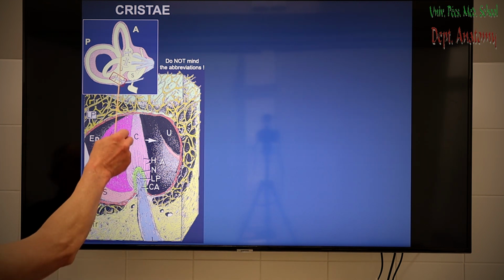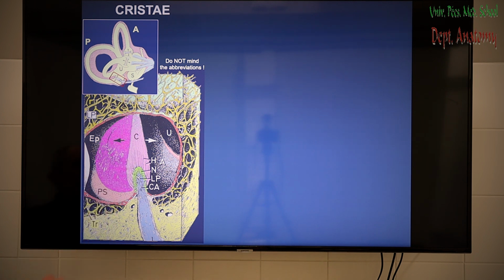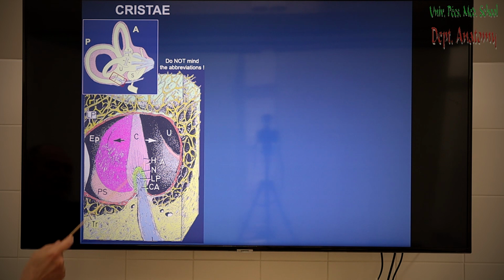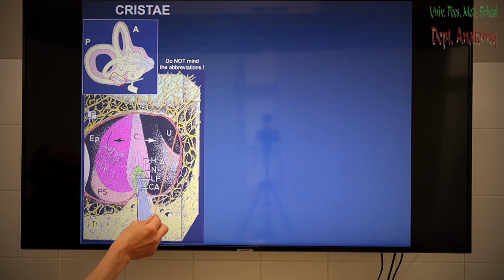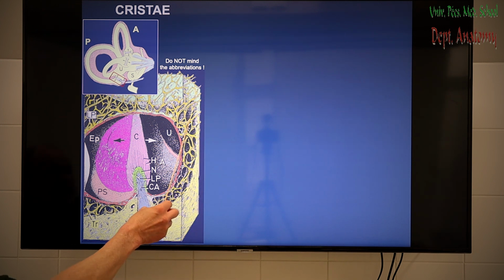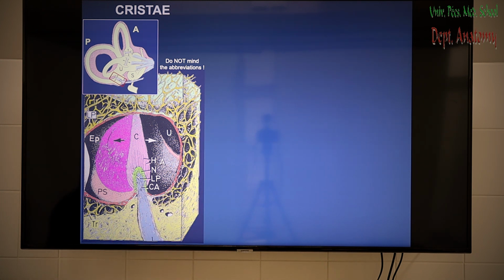In the ampullae of the semicircular canal, one from the posterior semicircular canal is depicted in the lower picture. This one is the wall of the semicircular duct itself, and that is the bony wall of the semicircular canal. Don't forget that inside the duct is endolymph and outside the duct is perilymph, two completely different fluids.